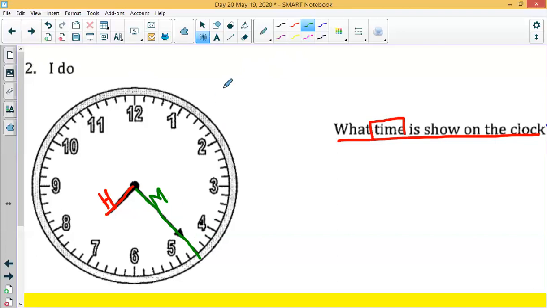Okay, so let's begin by labeling our clock. So at 12, we're going to put 0, 0.